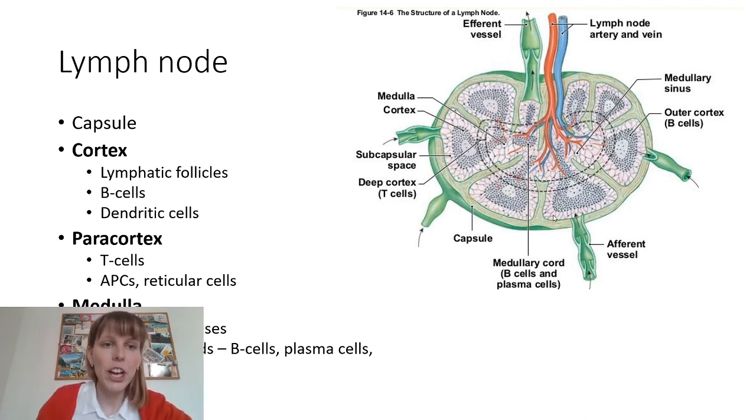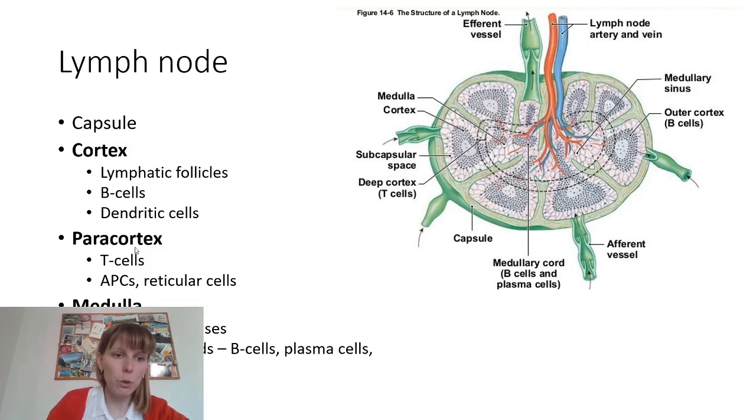Hopefully we can manage. So let's start with the lymph node. In the lymph node, it's capsulated, we already mentioned, so it will have a dense connective tissue forming a capsule around the whole organ. Another thing that we can differentiate in the lymph node is cortex and medulla.